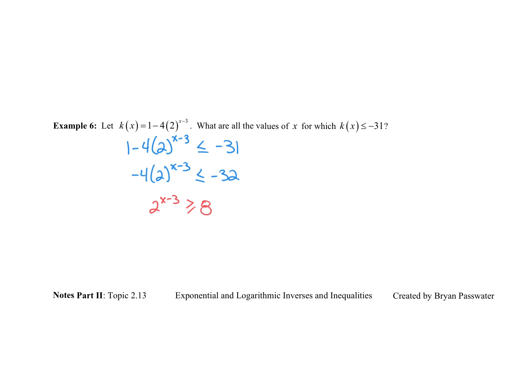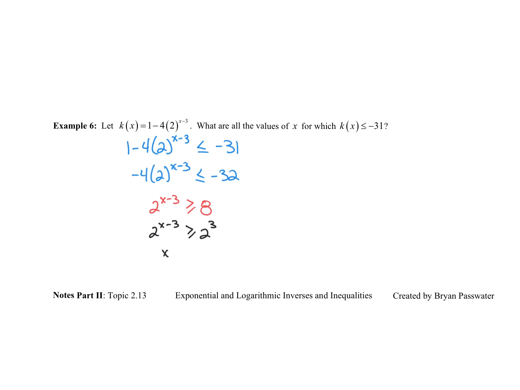Now, on this one, it plays super nice. Could I put it in log form? Sure. However, what also could I do with 8? I could have a base of 2, exactly. So I'm going to convert it to a base of 2. Now I have 2 to the power of x minus 3 is greater than or equal to 2 to the power of 3. And then the 2's cancel out.